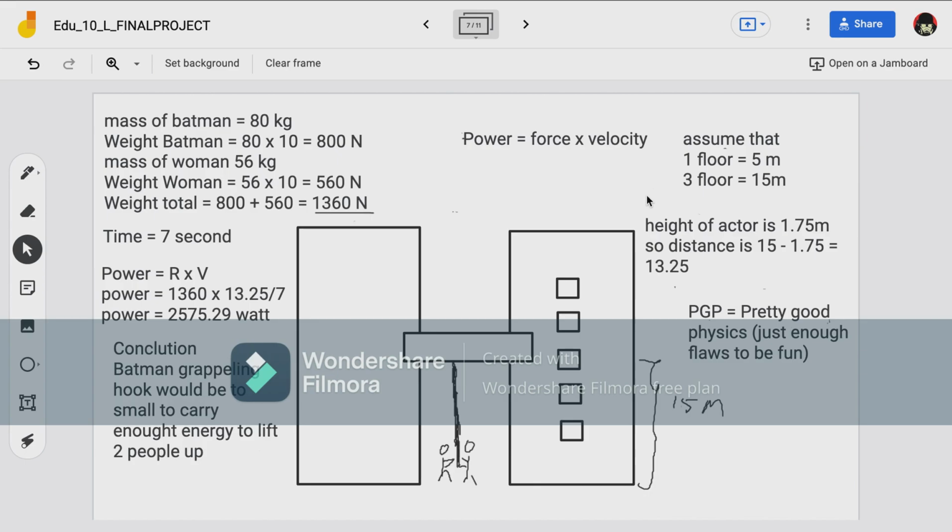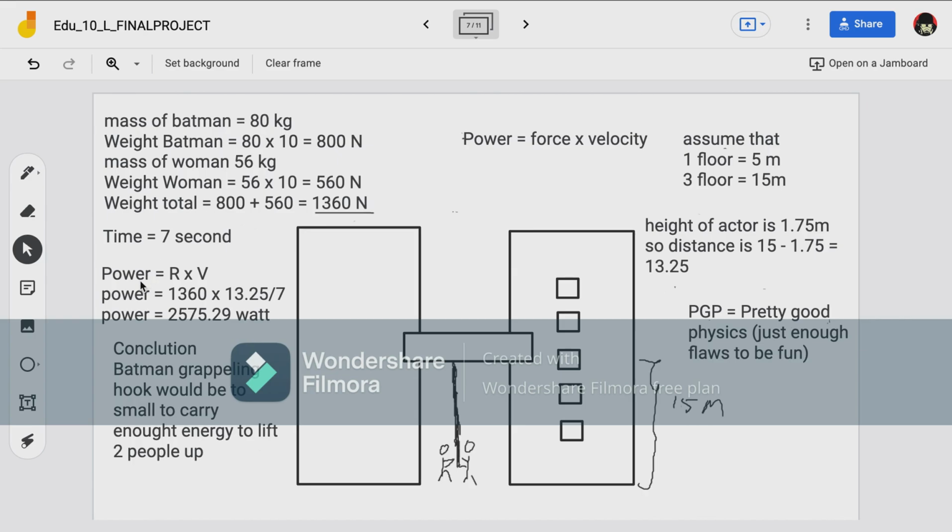First, the time it took for Batman to climb up was 7 seconds. After this, we need to find the power. The power equals force times distance divided by time. So power equals 1360 times 13.25 divided by 7.